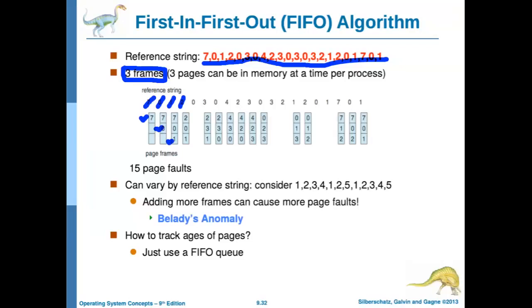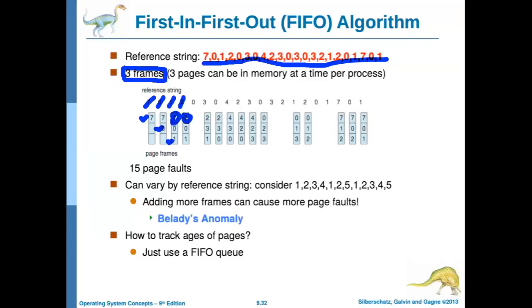So frame number 7 will be selected as the victim, remember. And then at the place of 7, page number 2 is loaded. But again, remember, we need to count this as a page fault, right?